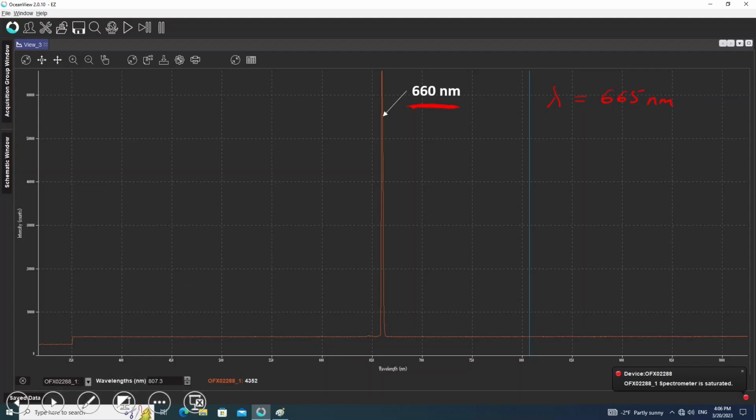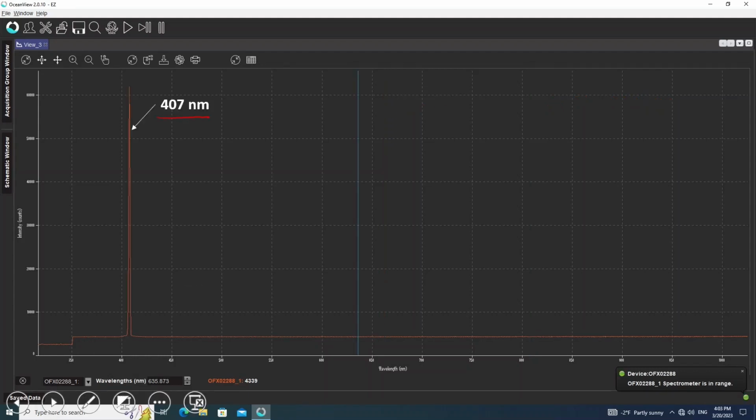Also, if we consider the blue LED, our average wavelength determined from two experiments with different diffraction gratings, CD and DVD, was 410 nanometers, which is also quite close to the real wavelength of this laser, 407 nanometers.